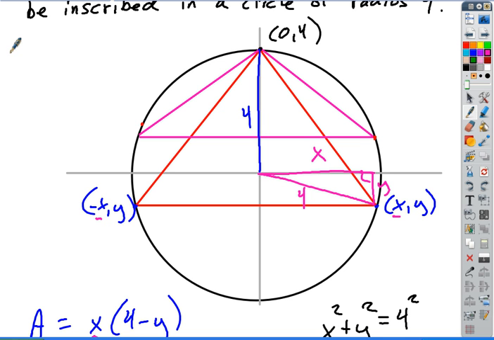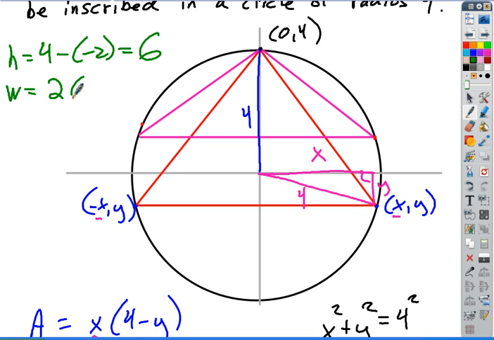Because that's x, and that's x, right? So we just get 2 times the square root of 12 is the width. We got it. Those are the dimensions of that triangle.